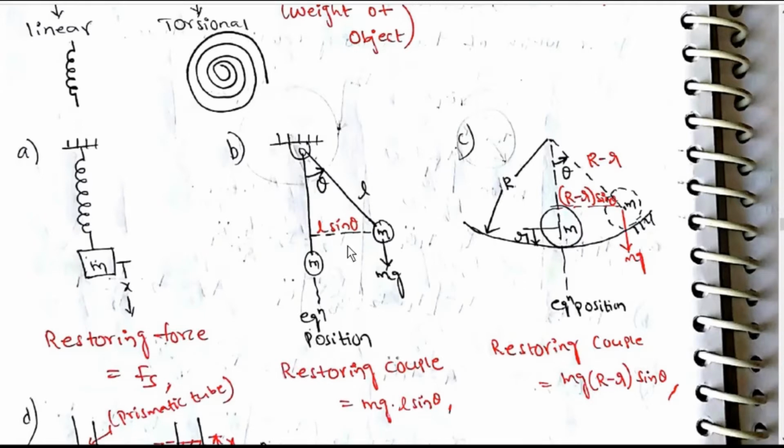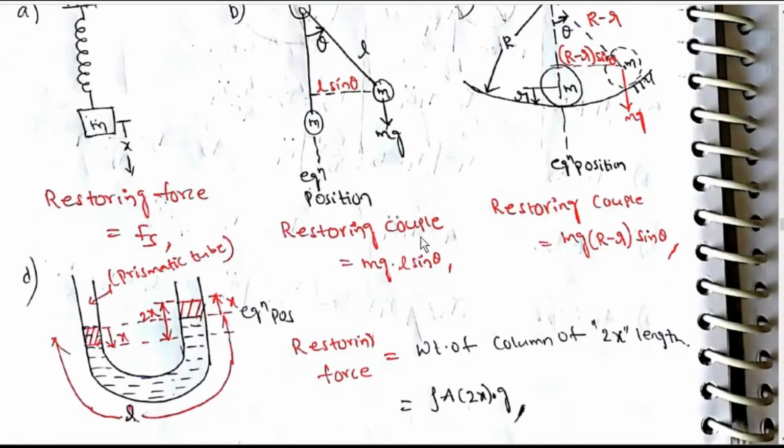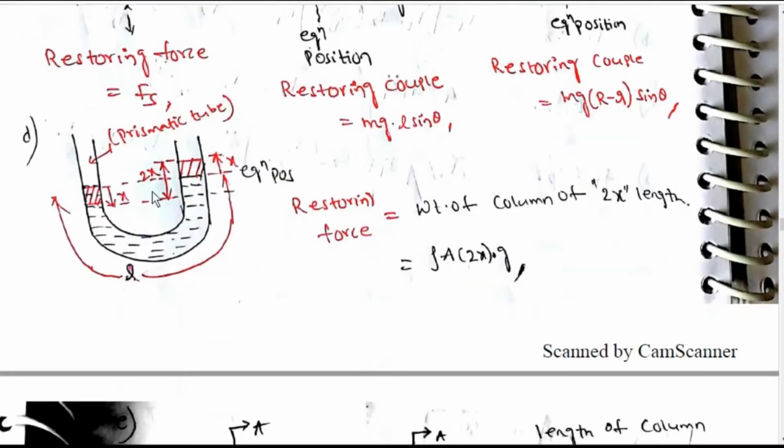Equilibrium position, L sin theta. Restoring force is equal to mg L sin theta. Restoring couple is mg L sin theta. Here, if it is changed, the restoring couple is equal to mg times capital R minus small r into sin theta. Fluid restoring force is equal to the weight of a column of 2x length.